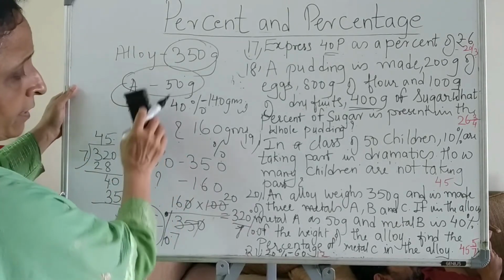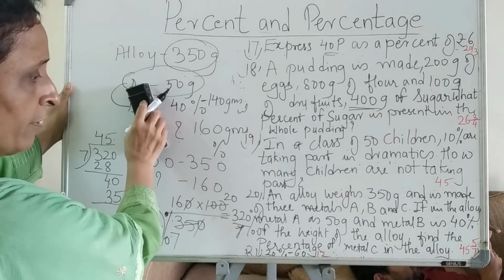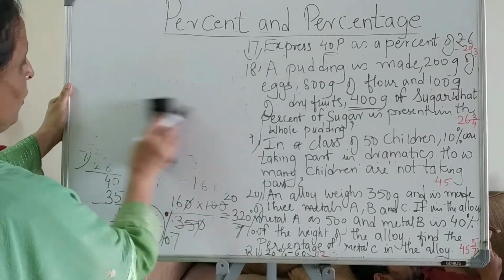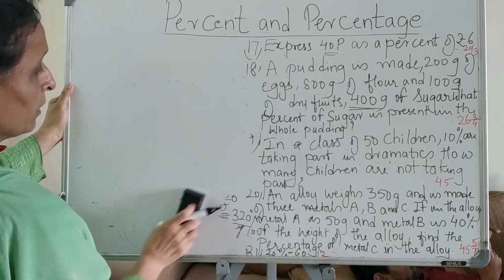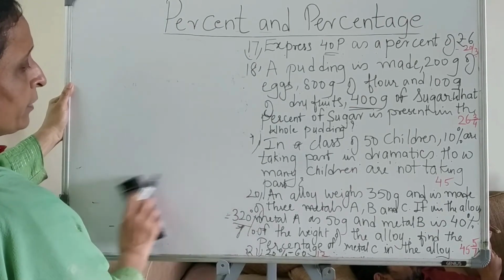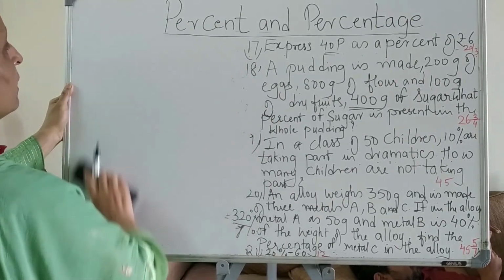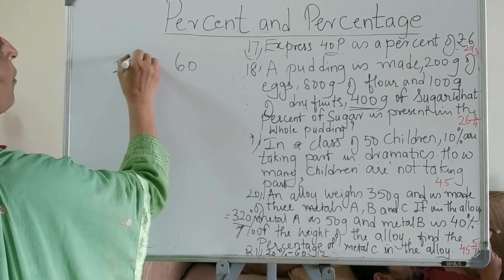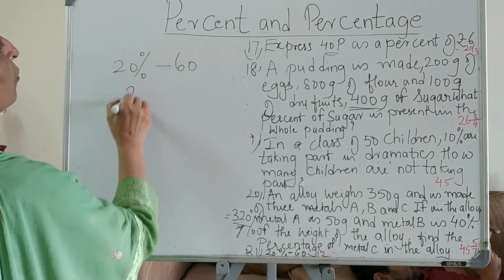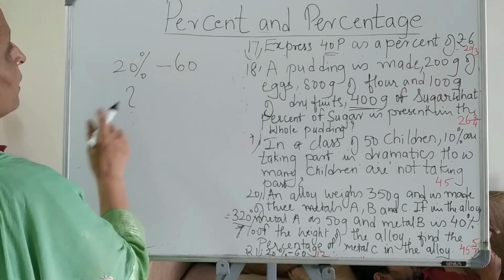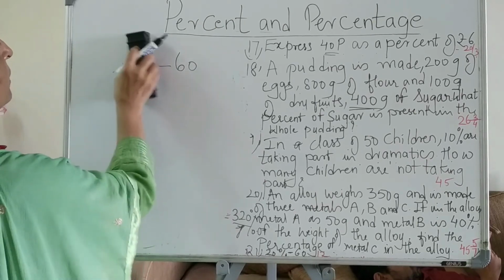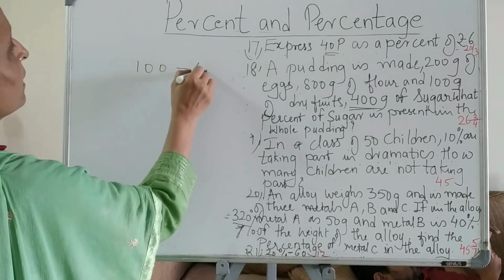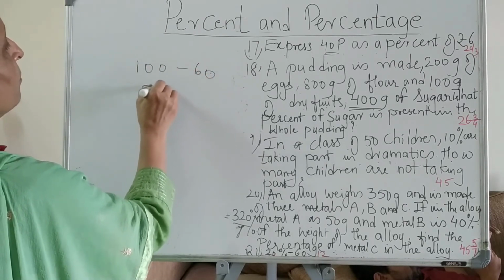Now next, how you can convert quantity into percentage. 20% of 60, that is, the quantity is 60. Now 20% of 60 is how much? So here 100% is 60, and you have to find out 20%.